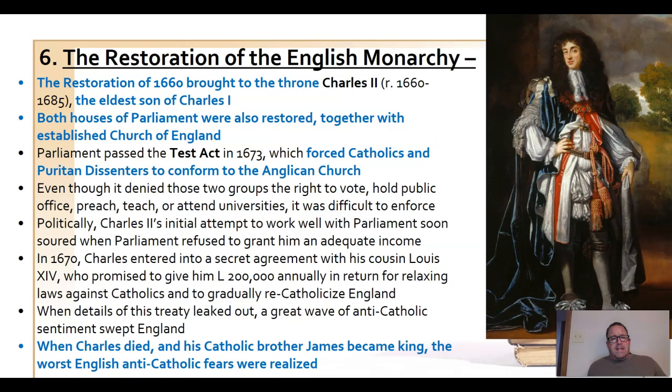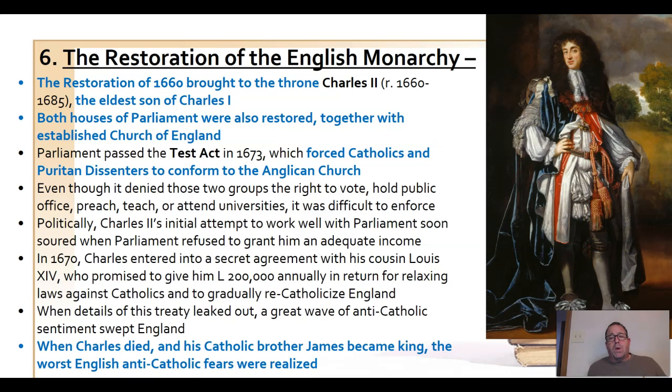So after the death of Oliver Cromwell, the people of England sort of sour on this idea of a republic. They want the monarchy restored, and so that's what happens with Charles I's eldest son when he's allowed to ascend to the throne in 1660.